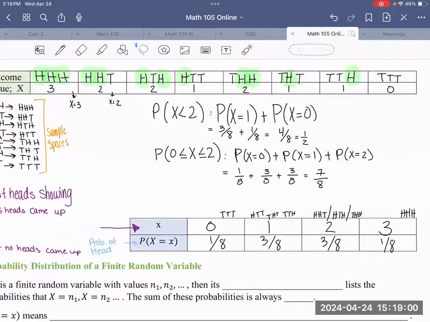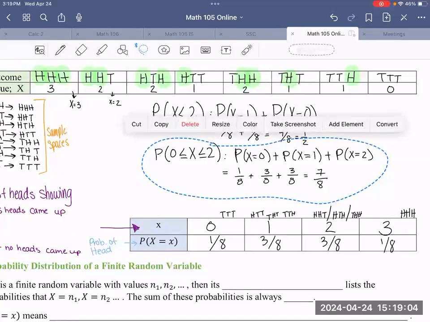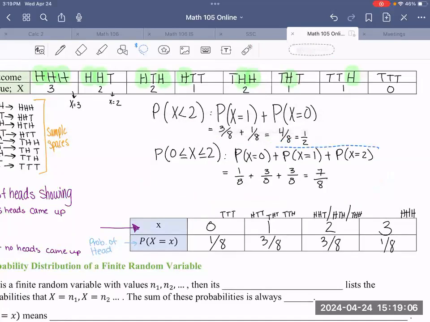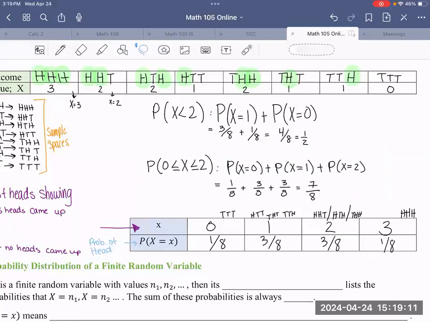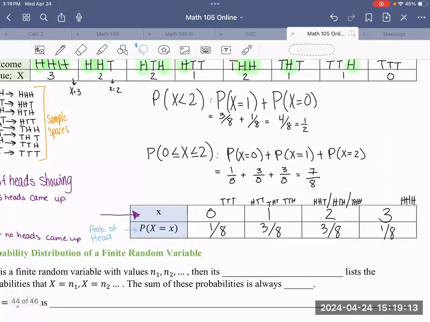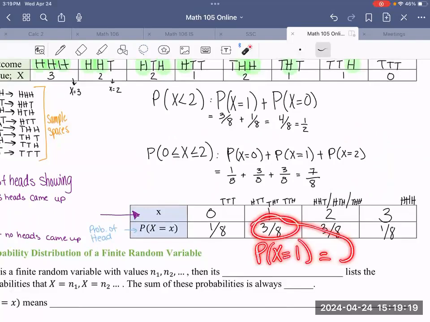So you can do a whole list of other options depending on your distribution. I'm just going to move this quickly down to give it a little more room. So you can have a different range, or you can just be asked something simple like the probability that X is equal to 1, that being just 3/8.